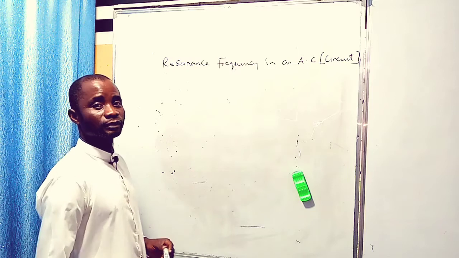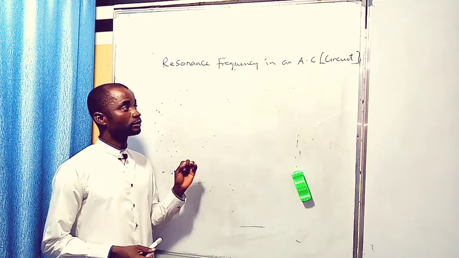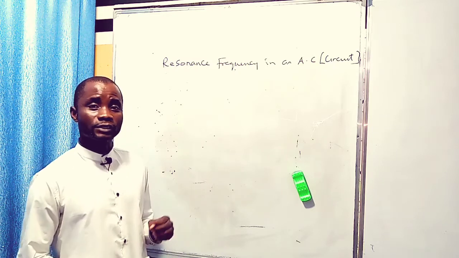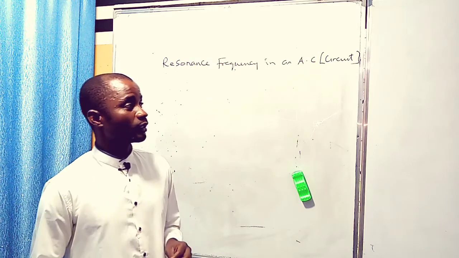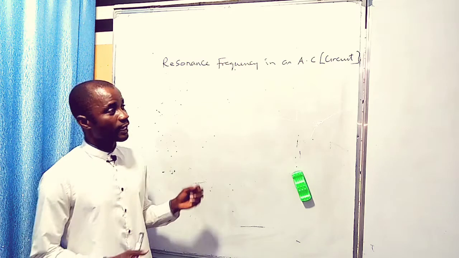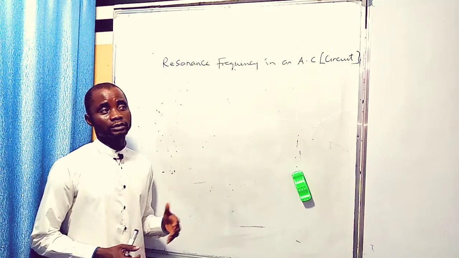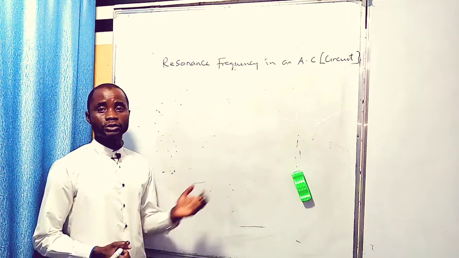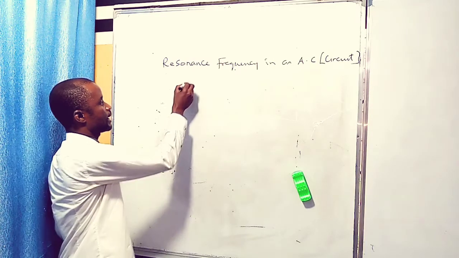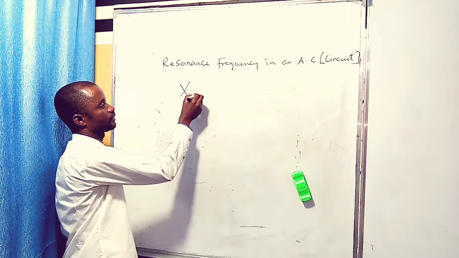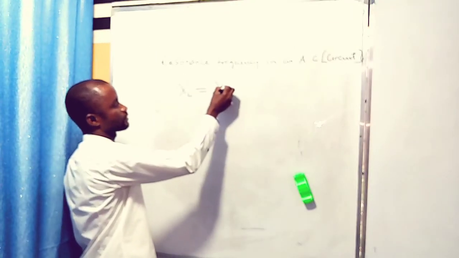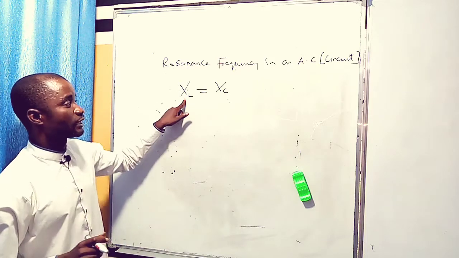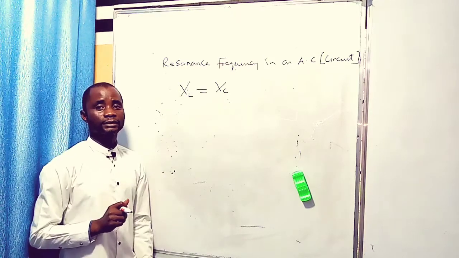Resonant frequency in an AC circuit is the point where XL is equal to XC. That is, inductive reactance is equal to the capacitive reactance. From there, you can deduce the equation. That is, XL equal to XC. This is inductive reactance, this is capacitive reactance.